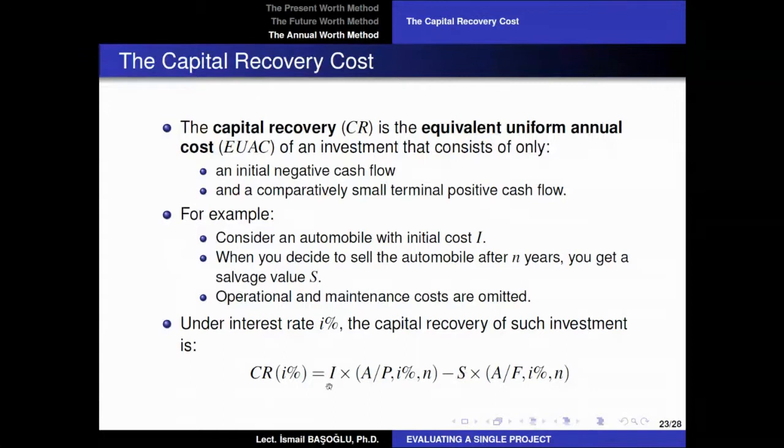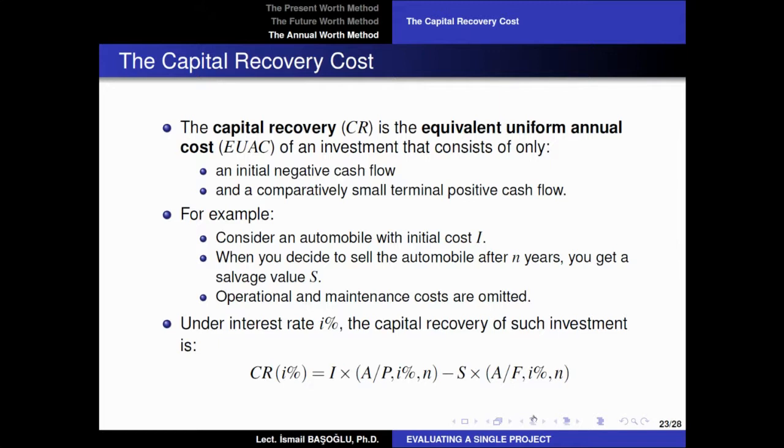So I is negative, actually I is a cost, and the salvage value, which is the second-hand price of the automobile when you want to sell at the end of N years, is the revenue that you are going to get when you sell the automobile.